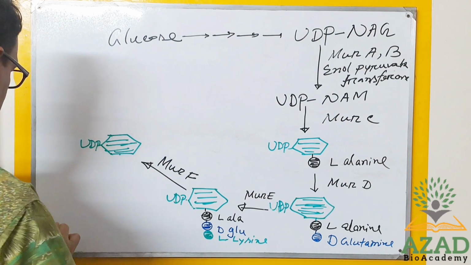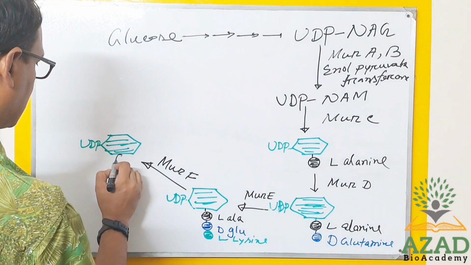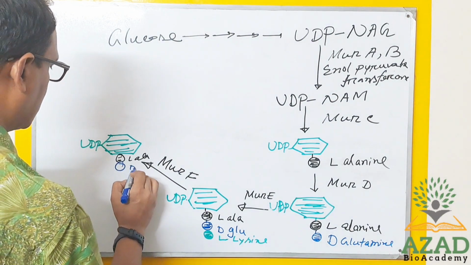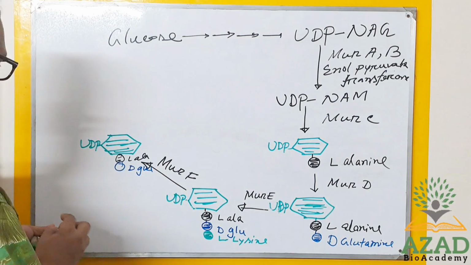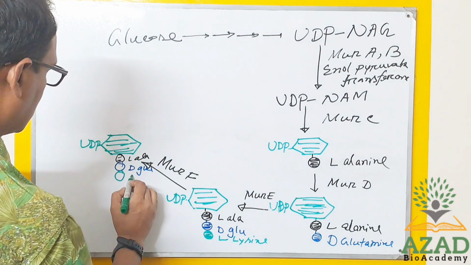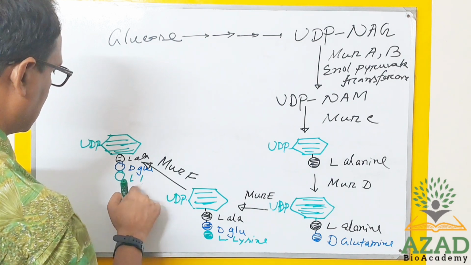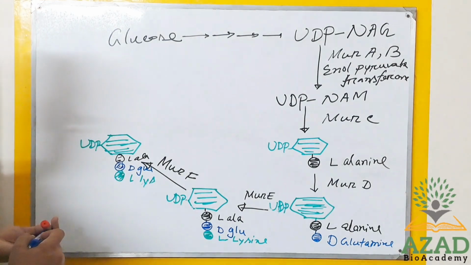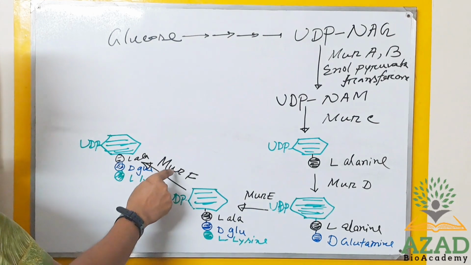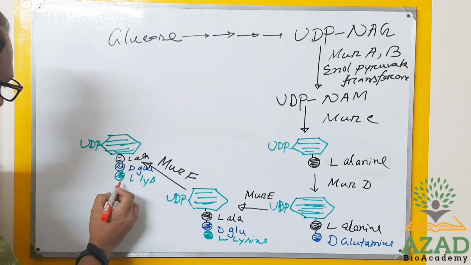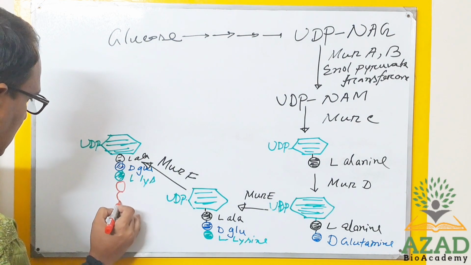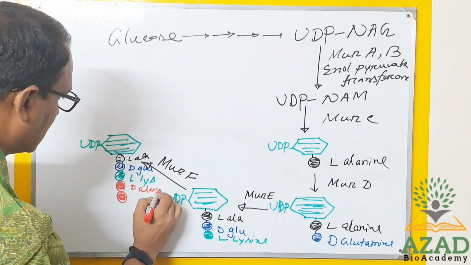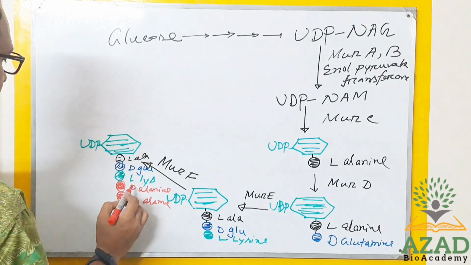Then here one is ALA, then D-glutamine, then L-lysine, and by the help of MUR-F, it will add a dipeptide, that is D-alanine and D-alanine. That dimer form will attach here.